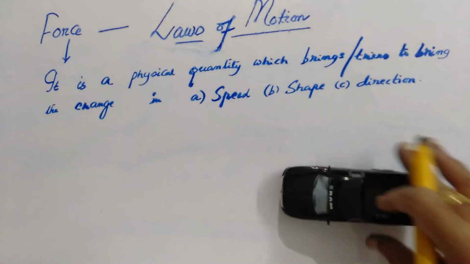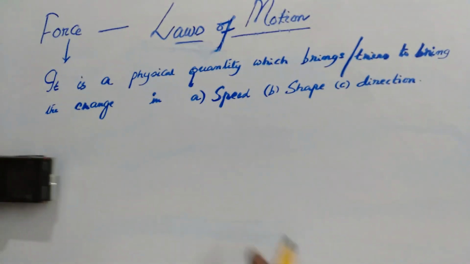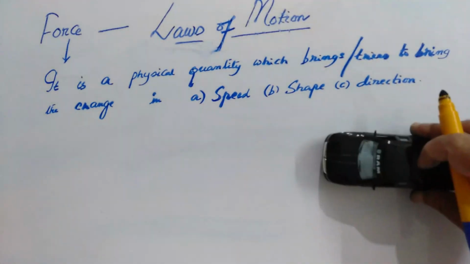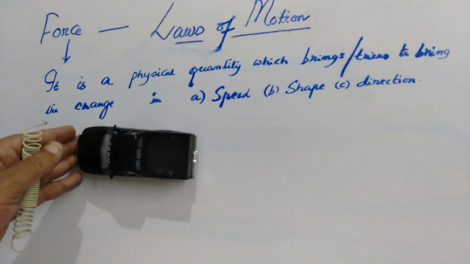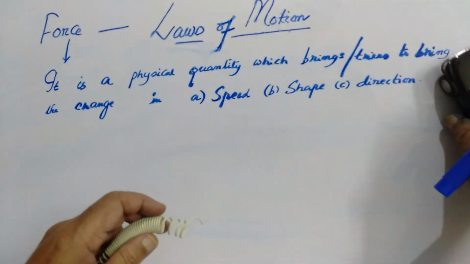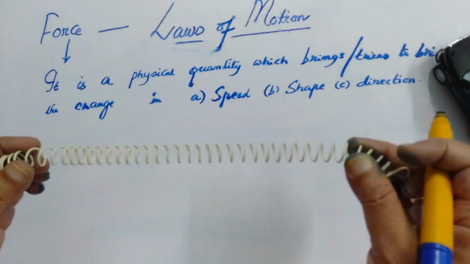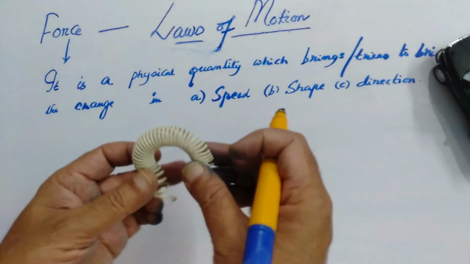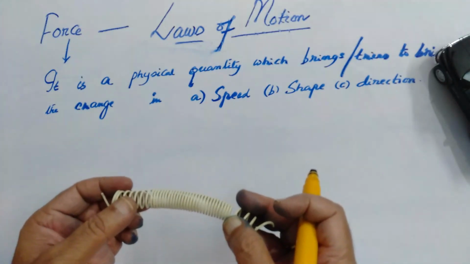Suppose the object is at rest, if it is to be moved, I have to apply a certain force. Suppose it is already in motion and I want to stop it, I have to apply force. Now if I want to change the shape of it, then I have to apply a certain force on it.